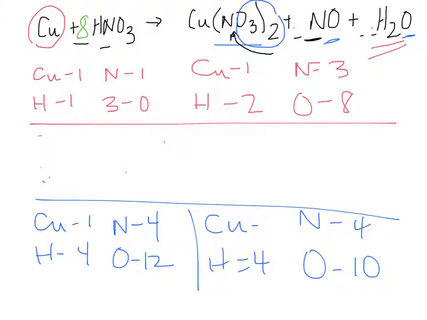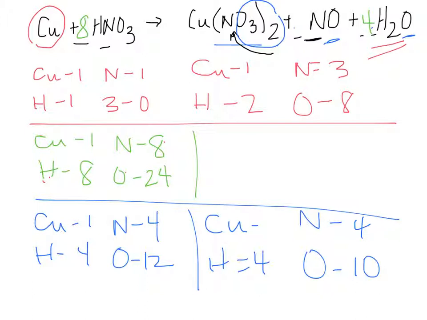8. So on this side, that's going to make Cu of 1, H, 8, N, 8, O, 24. Alright, so to get our hydrogens to balance out, I have to throw a 4 here.